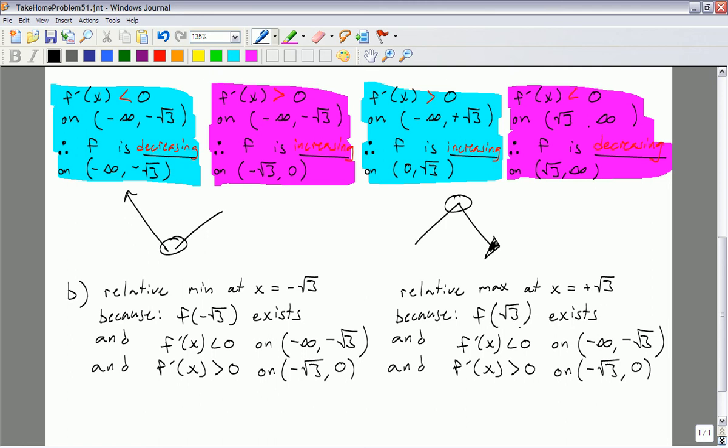And f prime of x is greater than 0 on 0 to root 3.